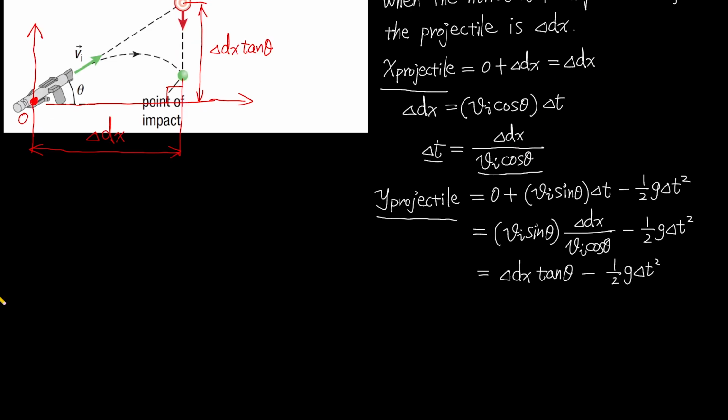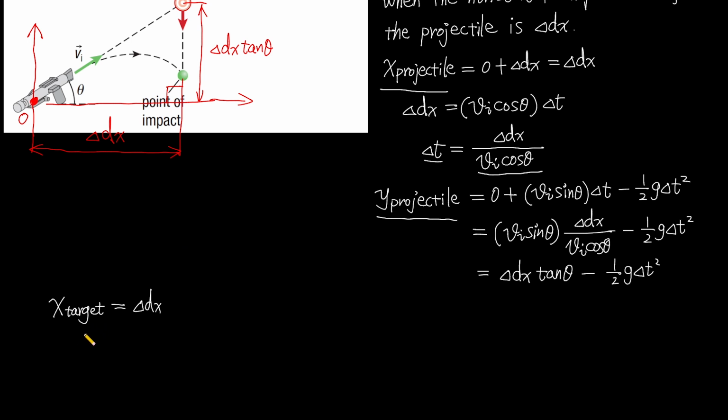Then for the target, when the horizontal displacement of the projectile is delta dx, the x-coordinate of the target is still delta dx, because the target does not have a horizontal displacement.